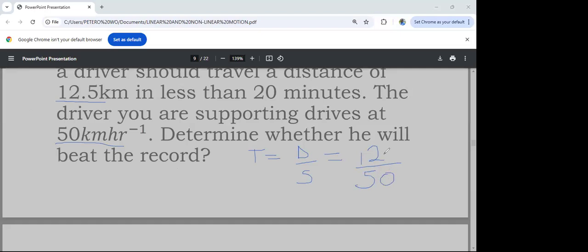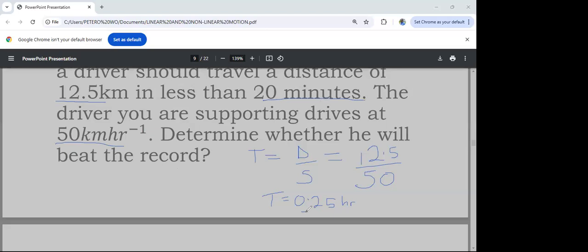So on dividing, we got our time as 0.25, and these ones are hours. She has gone ahead to tell us that the time has to be in minutes because they want us to relate with this one in minutes.